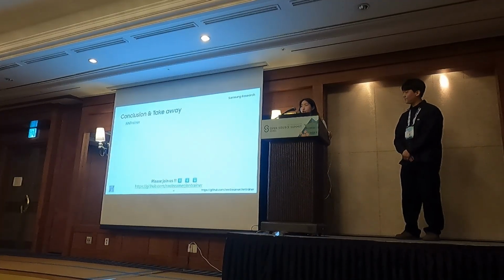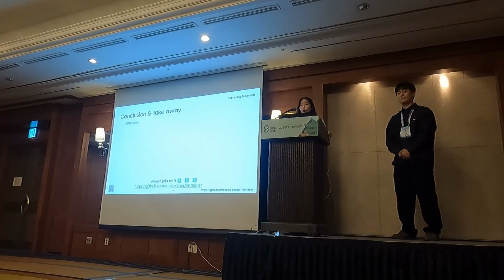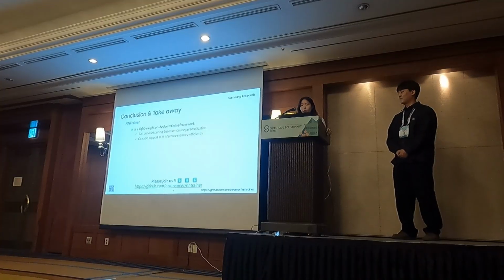Here's the conclusion for today's session. We introduced NNTrainer, a lightweight on-device framework that supports not only training, but also highly efficient inference. Crucially, NNTrainer features powerful memory optimization technology, including optimized tensor scheduling and flexible flash storage utilization.